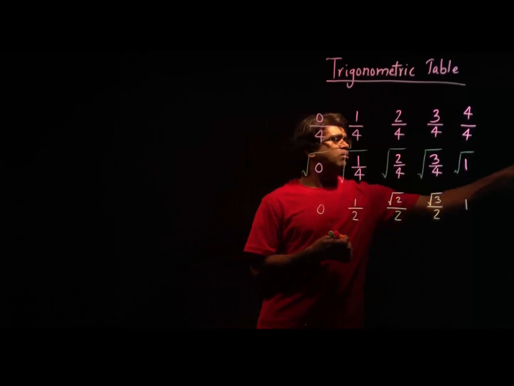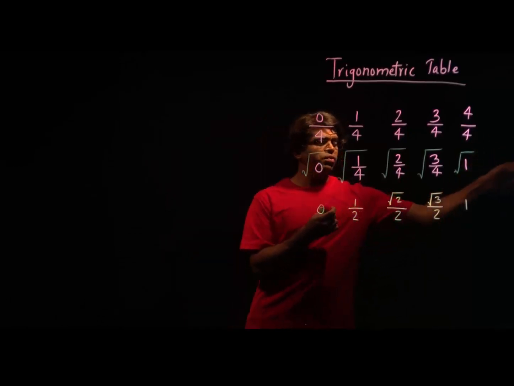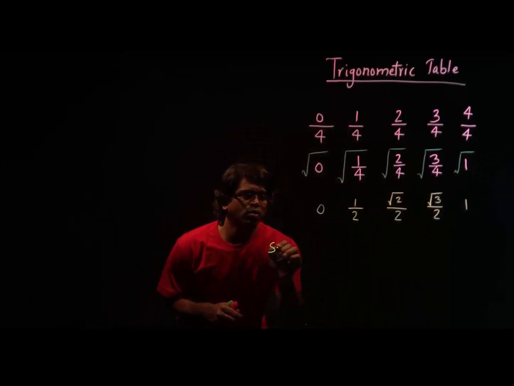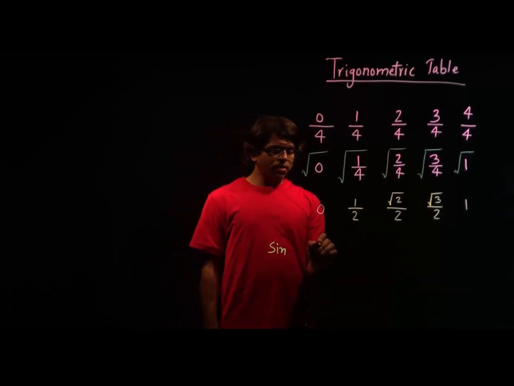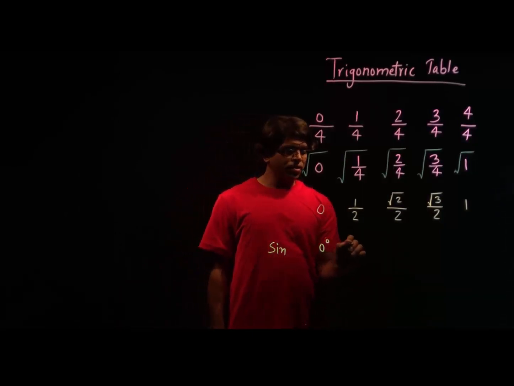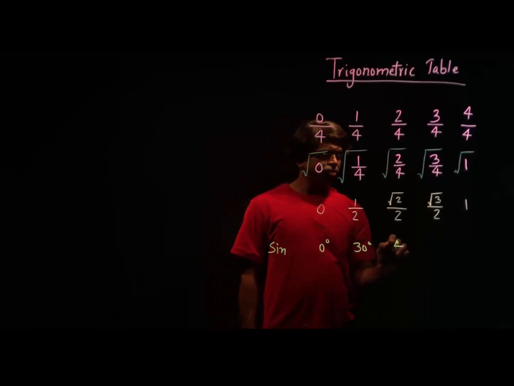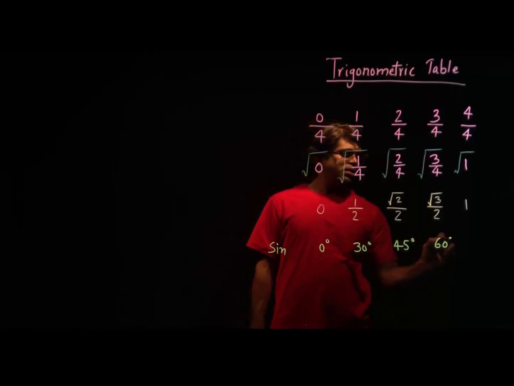Now I am going to write sine over here, and then I will write 0 degrees, 30 degrees, 45 degrees, 60 degrees, and 90 degrees.